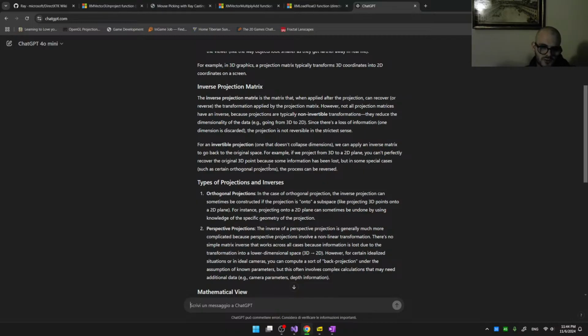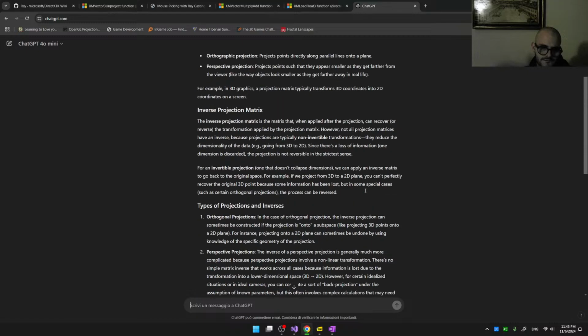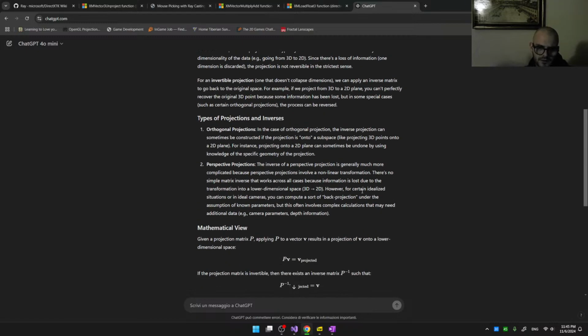Types of projections and inverses. Orthogonal projections: in the case of orthogonal projection, the inverse projection can sometimes be constructed if the projection is onto a subspace. Projection onto a 2D plane can sometimes be undone by using knowledge and geometry. The inverse of a perspective projection is much more complicated because perspective projections involve a non-linear transformation.